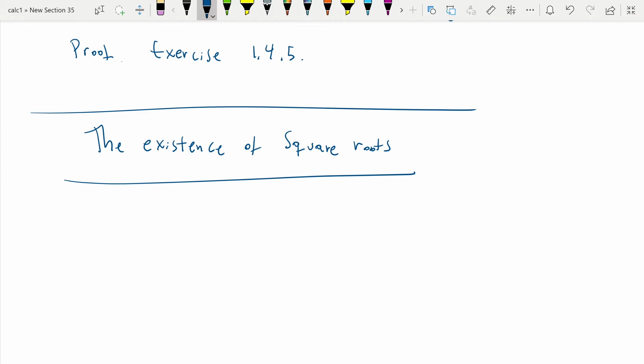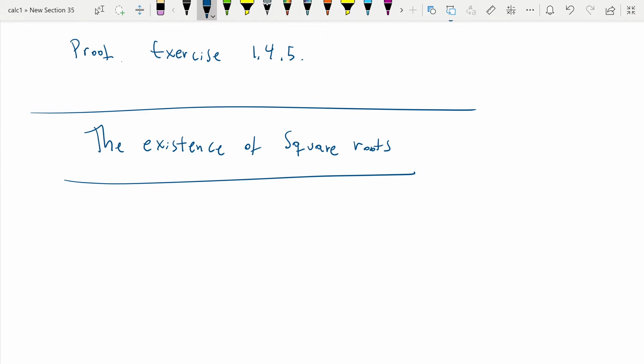We can pretty much redo the proof for every number in R, and we will have shown that every non-negative number in R has a square root. As long as it's a non-negative number, we can replicate basically the same proof, just changing the number 2 to the particular number for which you want to find the square root.